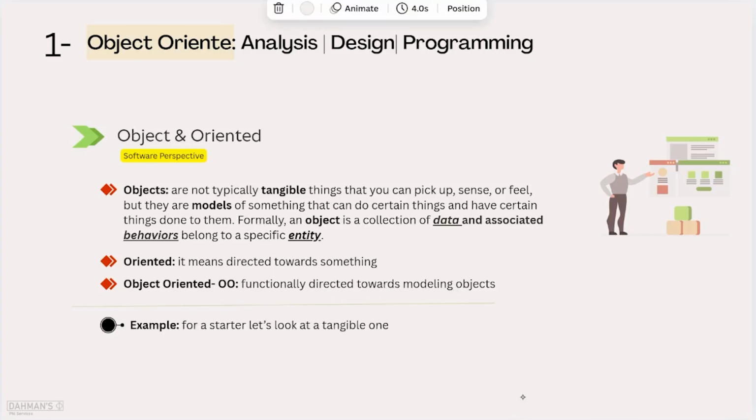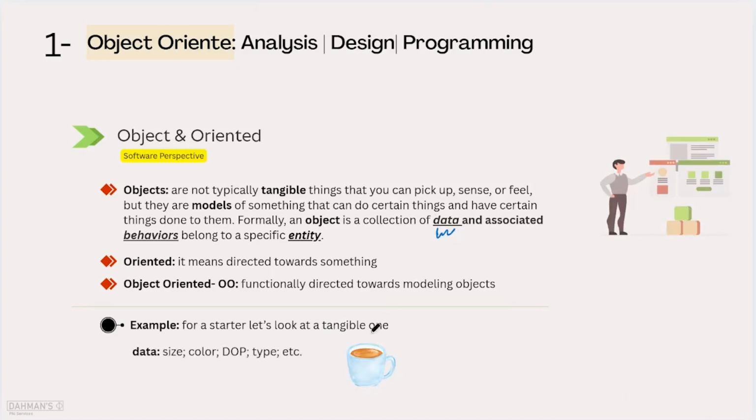Okay, let's just kick off with an example that makes sense on what I was trying to say here. In this example, let's try to look at a tangible one, something that we can touch and feel. So let's take this particular object and bring in the term we're talking about, data. What do we mean by data? Well, this object has specific attributes related to it, attributes or properties.